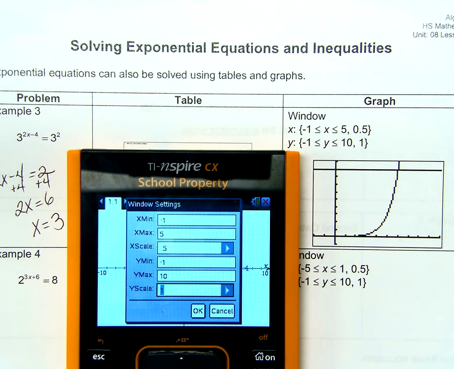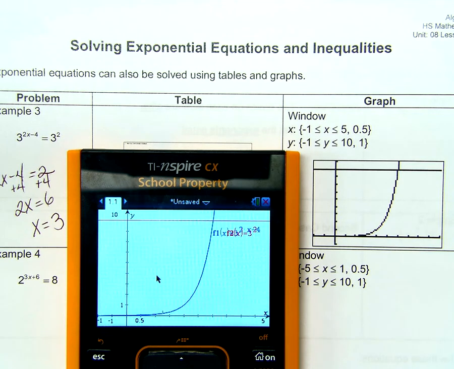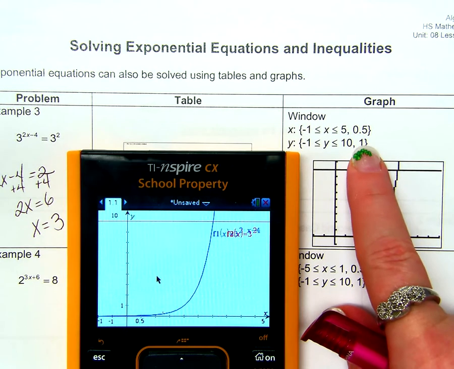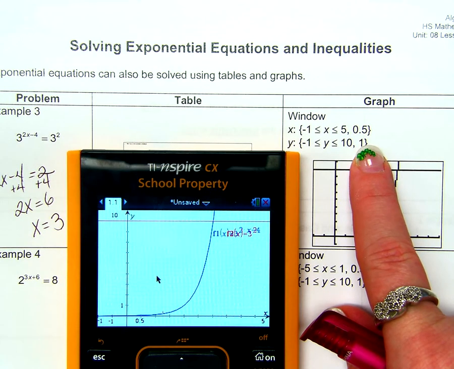Menu, window. Now when I press enter, does my graph look like the one that's given to us? What did you put on the y scale? 1. See, it says right there? That's the scale.